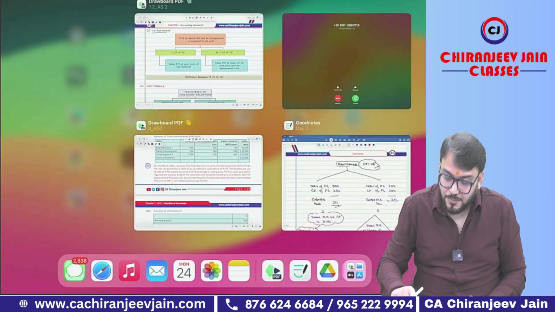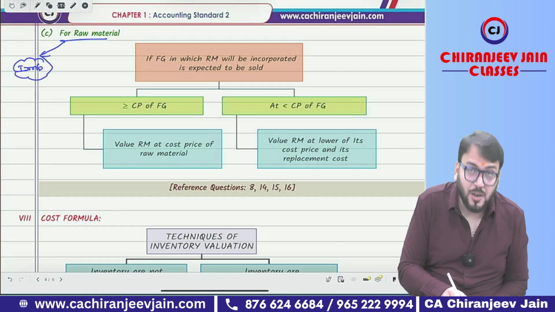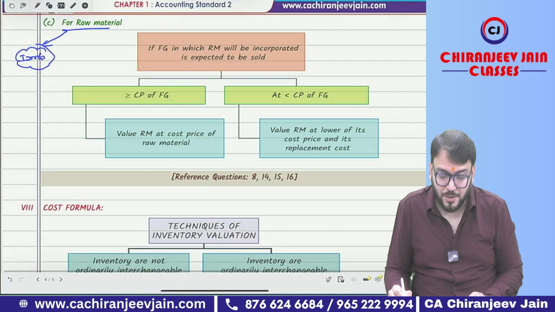Now onward, what I have seen is that the institute is asking questions based on raw material. This is important from the exam point of view.